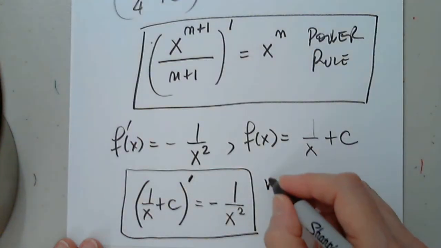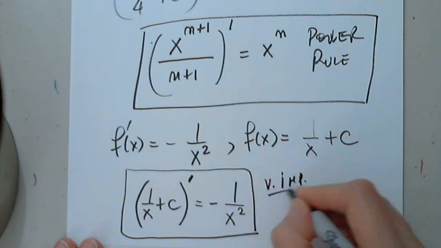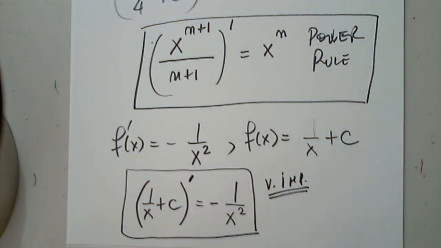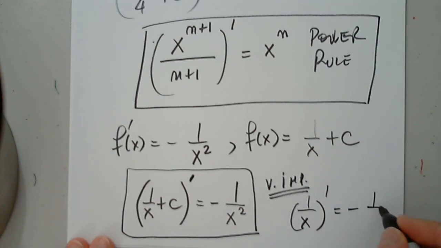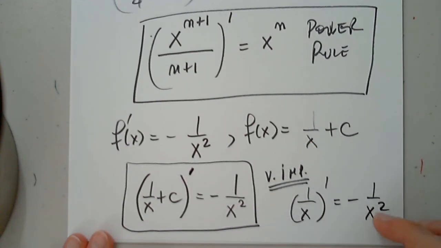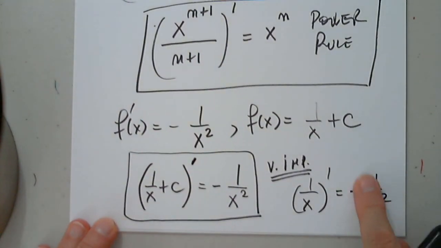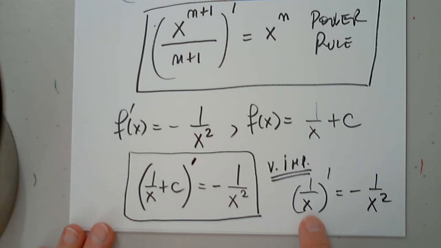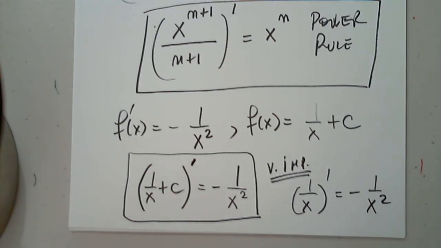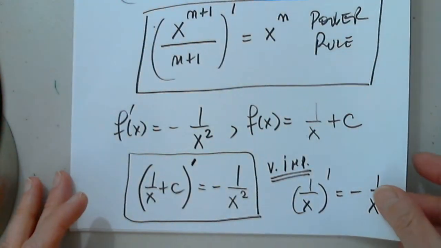So this is a very important result, because we're going to use it a lot. That's why I said, please remember, 1 over x prime is -1 over x squared. Why? Because when we find the antiderivative of this, going backwards, we have 1 over x. So please remember this, if you didn't do it already, moving forward.